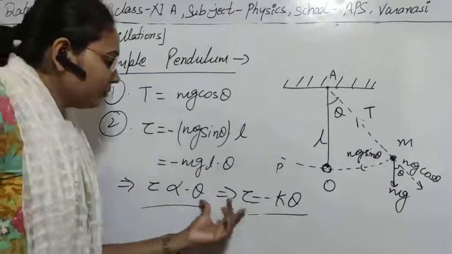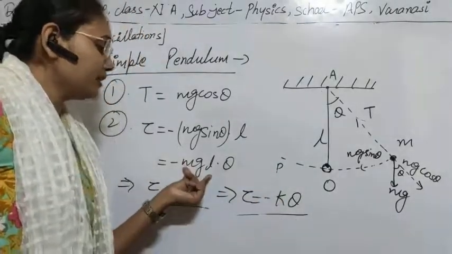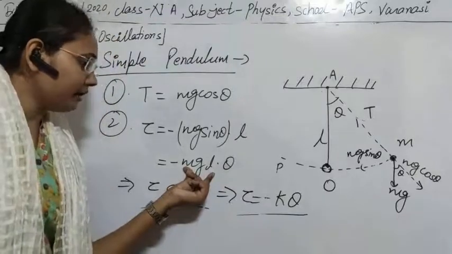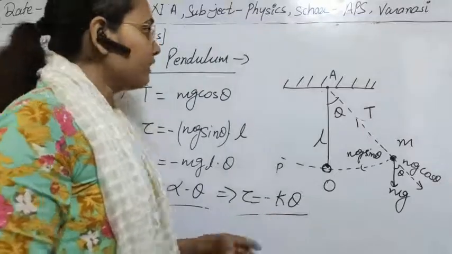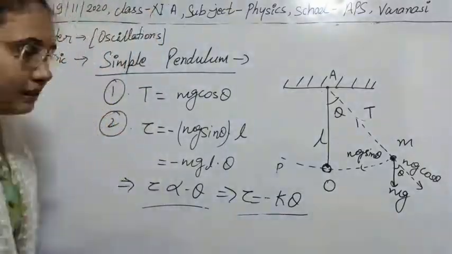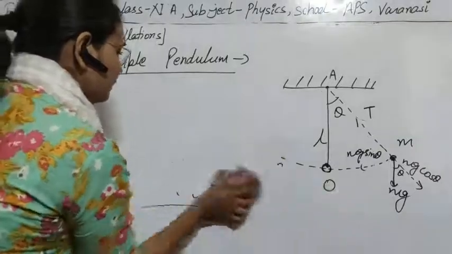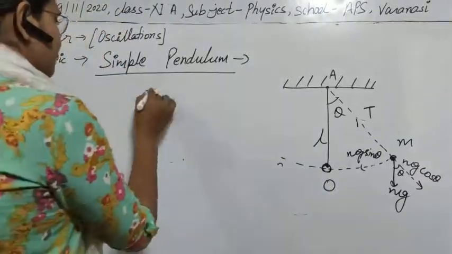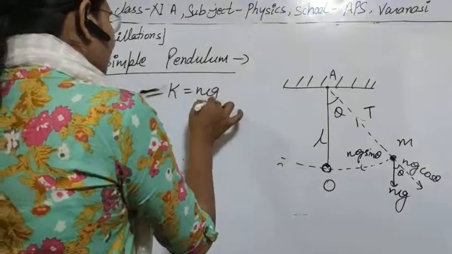With the help of this expression, we can say what will be the value of K, or the force constant, here. So this is just like mgl. In the case of the simple pendulum, the force constant we can calculate very easily. So K is equal to mgl.